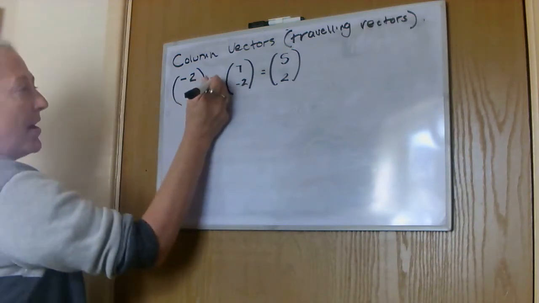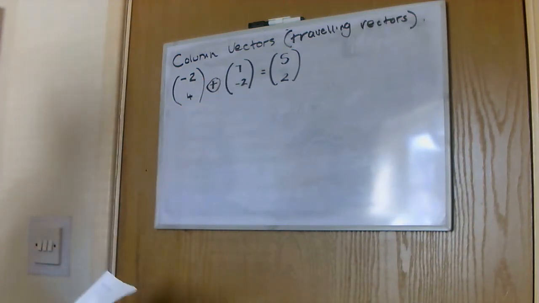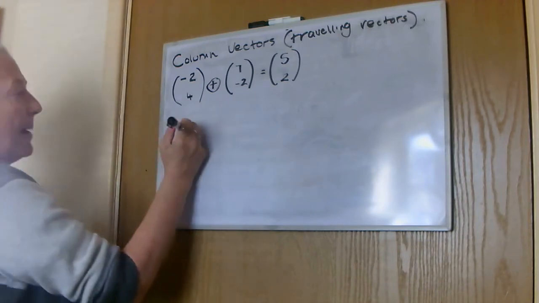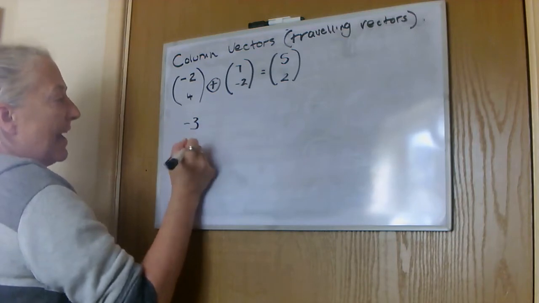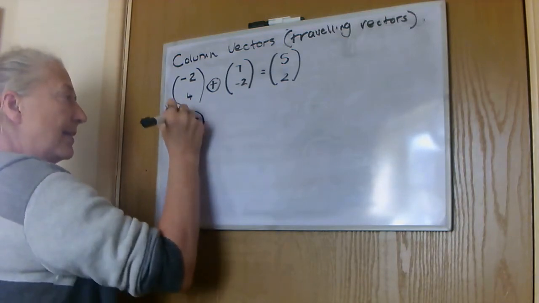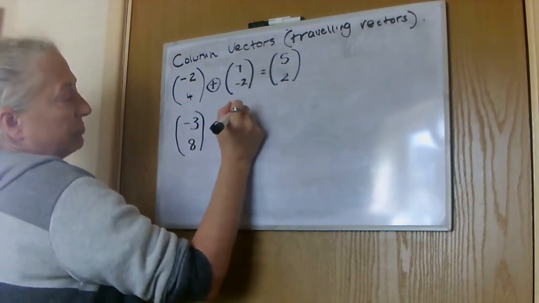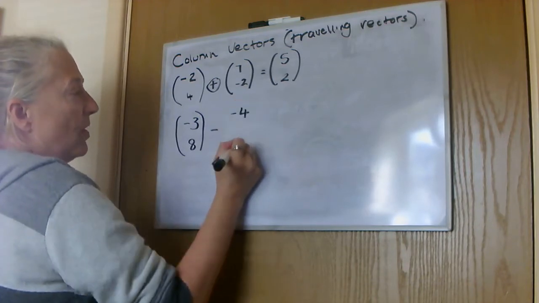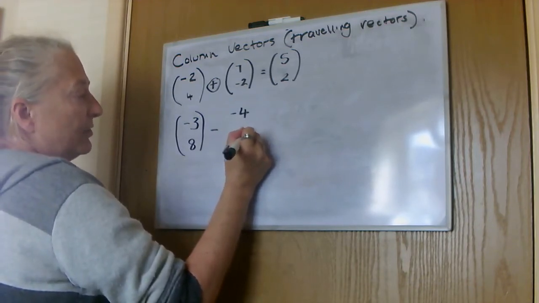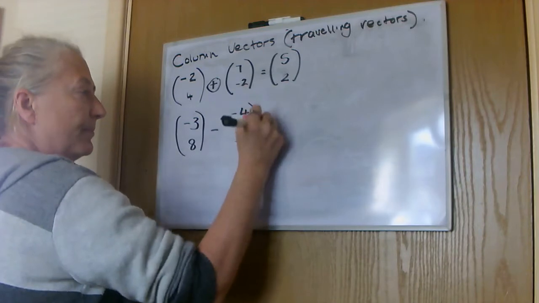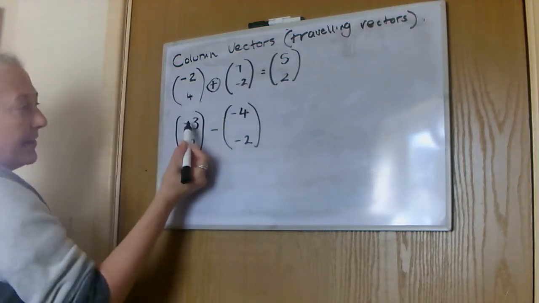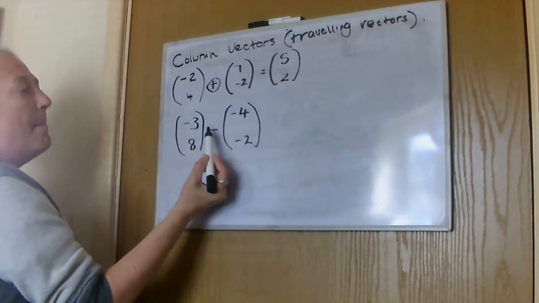If this was a minus, let's just pick one. -3 and 8, minus -4 and -2. Okay, to go for the top, -3 minus minus.